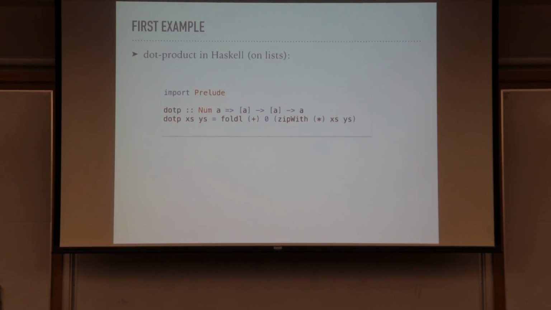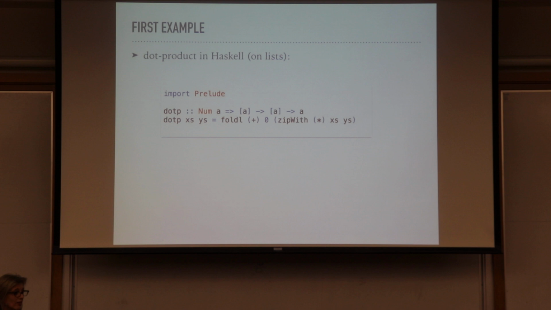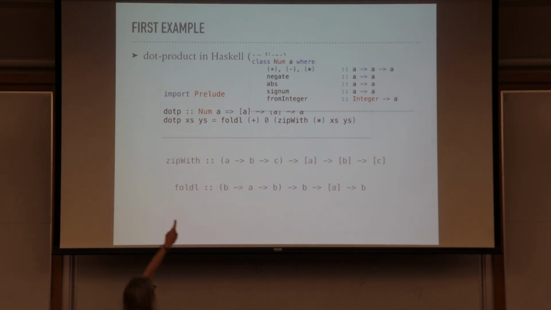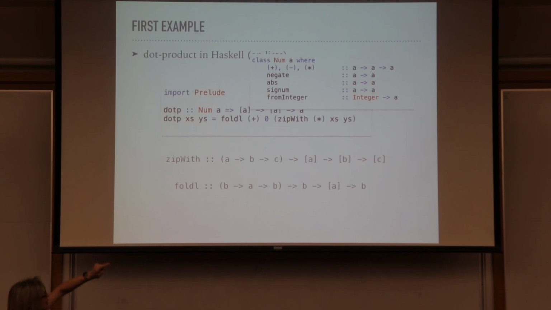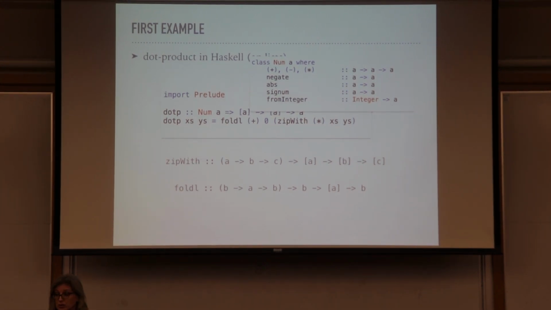So A can't be of any type, so there are restrictions on type A. And this says, well, A has to be a member of what's called in Haskell a type class Num, and the type class really is just a set of types which have some certain properties, and the class Num has the following operations defined on it.